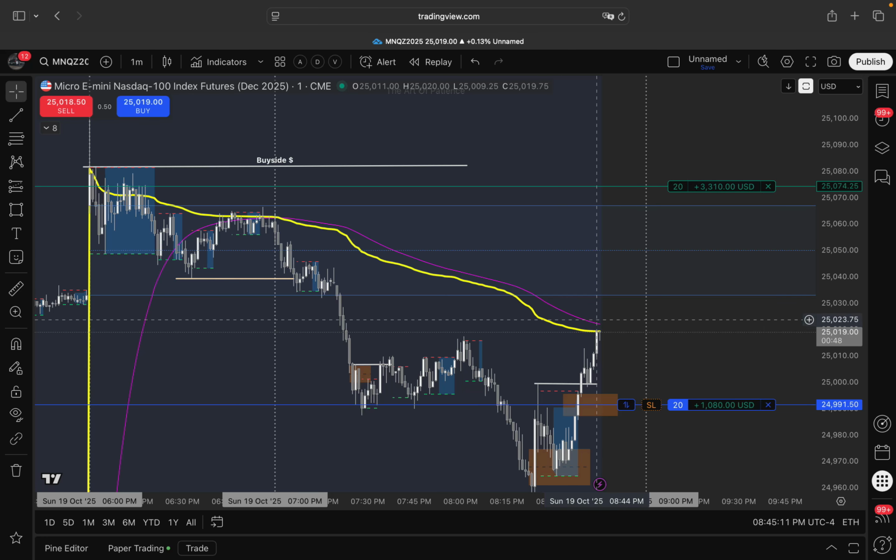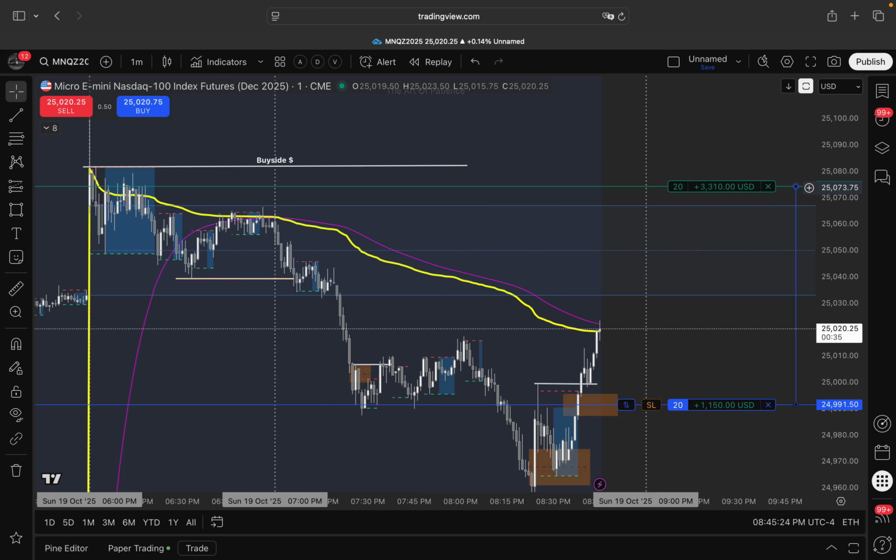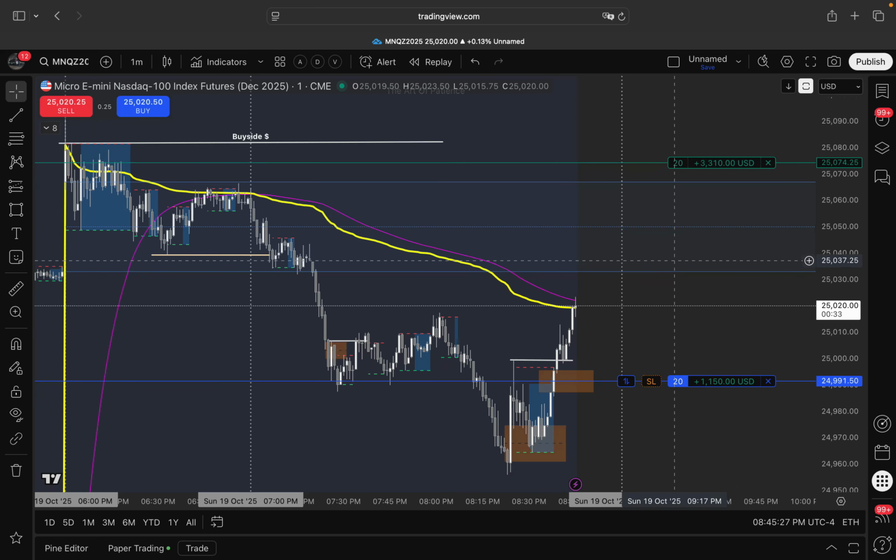So if price opens above the VWAP and these two lines cross with each other, that only makes it even more highly probable that we're going to take out this buy side liquidity. So let's just give it some time, let it brew. Again, you have to be patient with this.